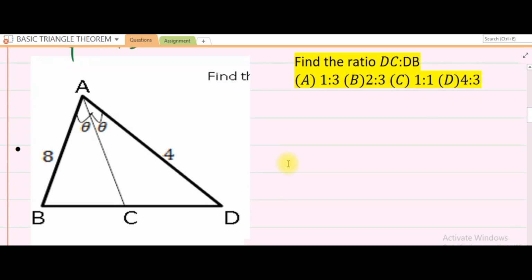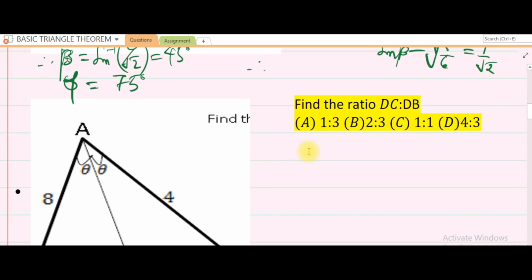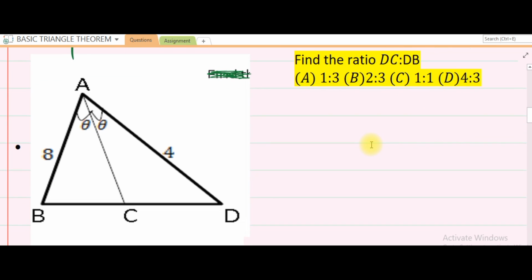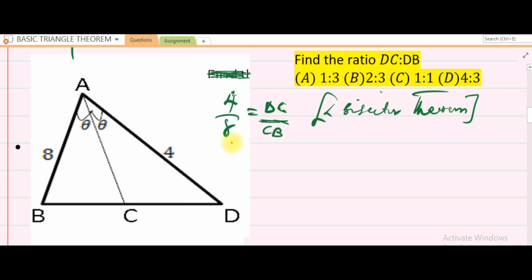So the next question, we are given this diagram and we are asked to find the ratio DC is to DB. So here 4 over 8 is half. Again, DC is here, but DB is the problem.